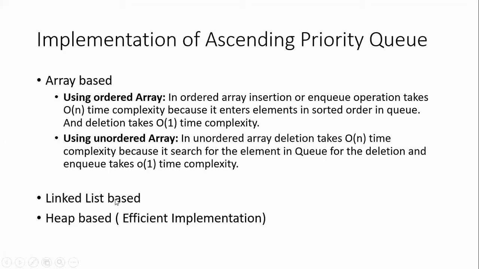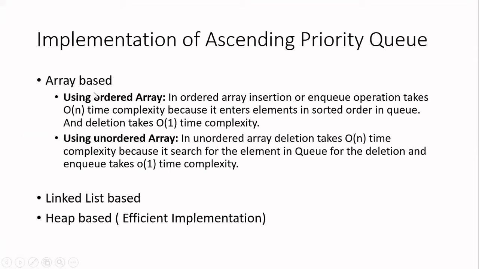Second method is linked list-based implementation. In addition, you have one more method that is the most efficient method, known as heap-based implementation. This you will study in detail in advanced data structures. Okay, so we have three different ways of implementing priority queue: array-based, linked list-based, and heap-based implementation.